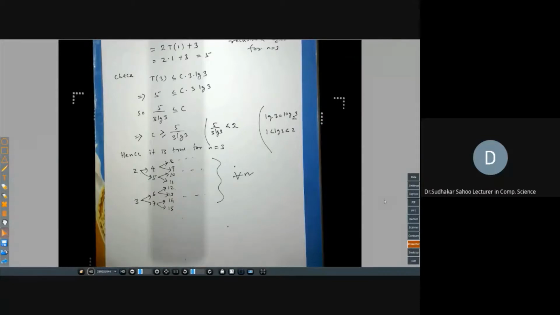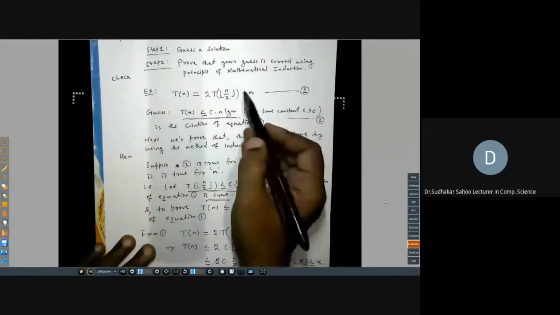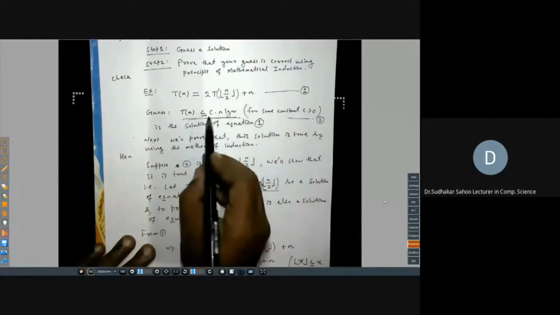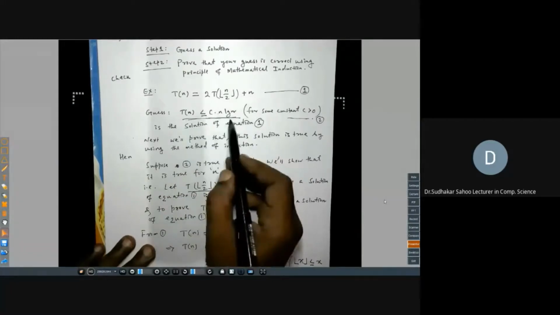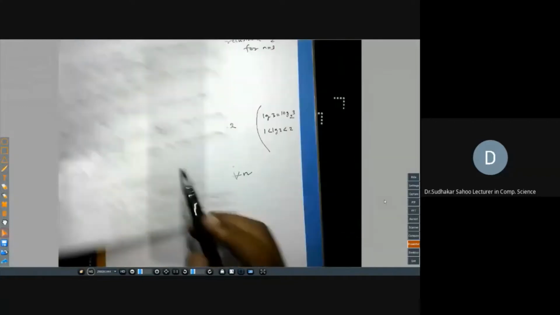So whatever the question was, this was your recurrence equation, find its solution. So we got that Tn less than or equal to C n log n is the solution for this. So what is the meaning?